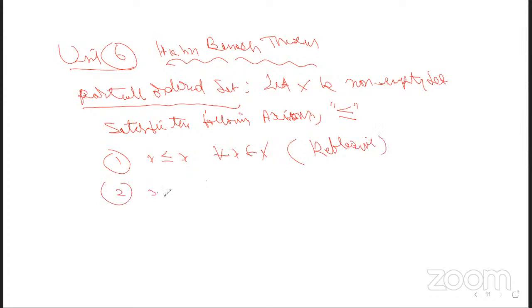Next, the second one. If x is less than or equal to y, and y is less than or equal to x, for all x, y in capital X, this is known as anti-symmetry. The difference between symmetry and anti-symmetry: in symmetry, x equals y implies y equals x. This is the anti-symmetric property.